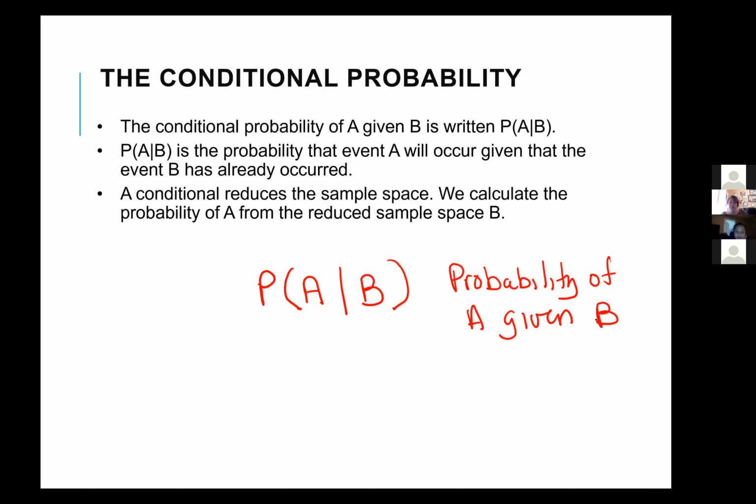A conditional reduces the sample space, because one event has to have already occurred before the second event can occur. And we calculate the probability of A from the reduced sample space B.